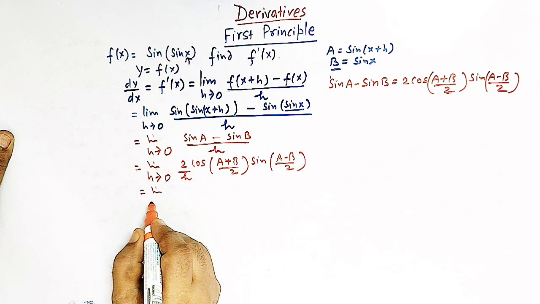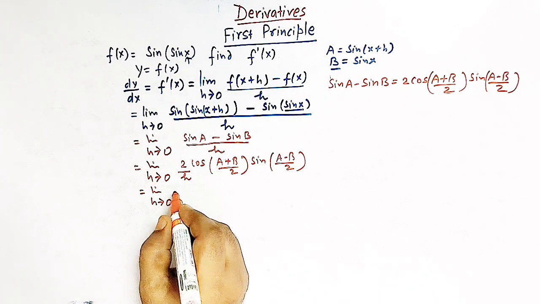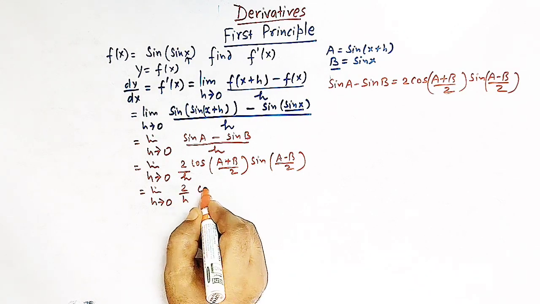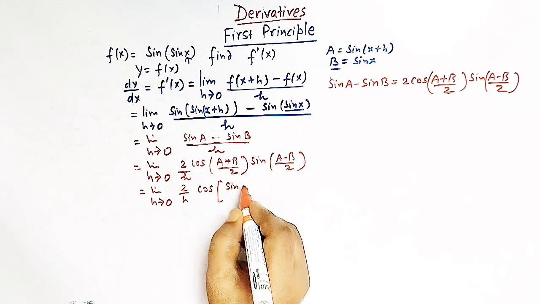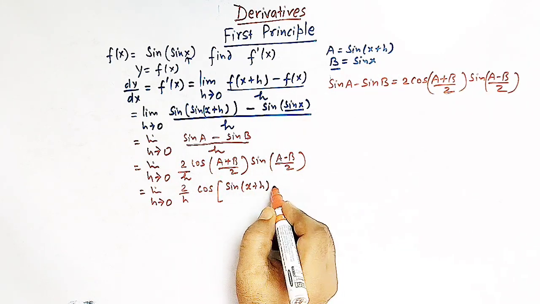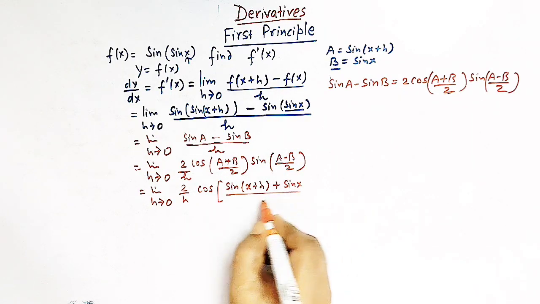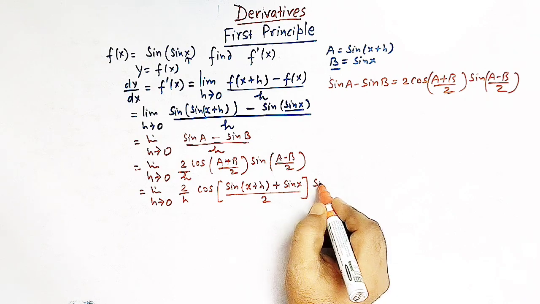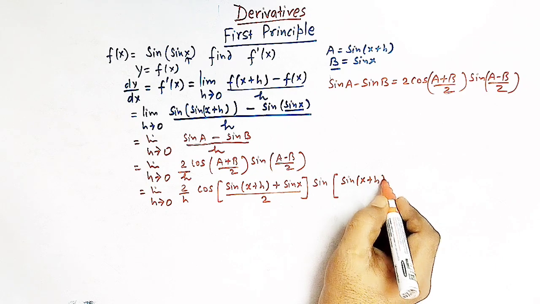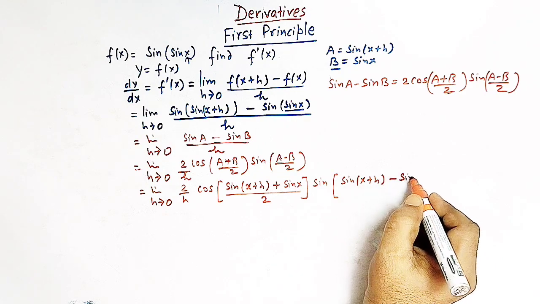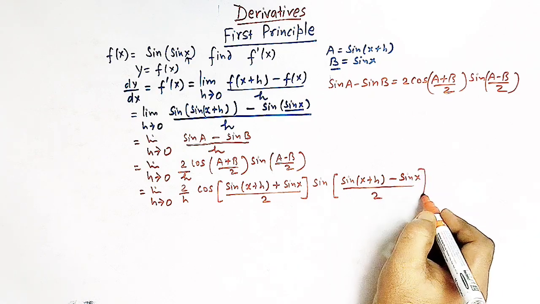So now we have limit h tends to 0, 2 by h, and we have cos, and for A we can write sine x plus h plus B is sine x divided by 2, and then we have sine, and A is the sine x plus h minus sine of x, B is sine of x divided by 2, right?